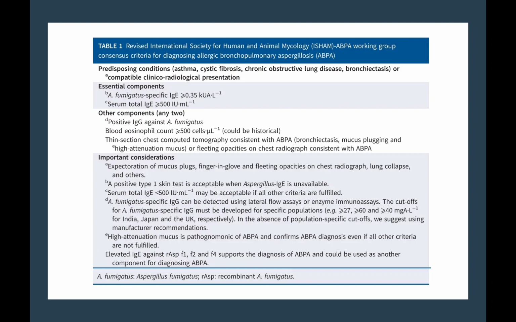The first thing for diagnosis of ABPA, they have recommended there should be a few criteria. One is predisposing condition, second is essential components, then other components. So what are the predisposing conditions which should be there during ABPA diagnosis? First and foremost, the patient should have asthma or cystic fibrosis or COPD or bronchitis, or a compatible clinical radiological presentation.